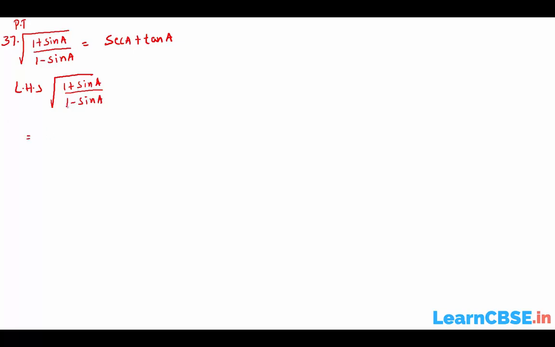So let me rationalize the denominator here. The denominator is 1 minus sin A, so multiply 1 plus sin A with the numerator as well as the denominator.